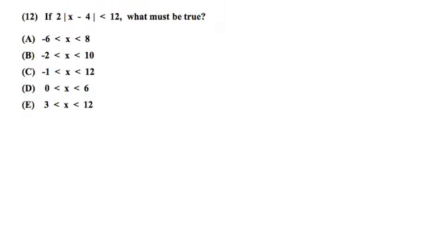This is an inequality with an absolute value. If you want to try this on your own, you can pause the screen now. The multiplication by 2 has nothing to do with the absolute value per se, so you could divide both sides by 2 and get x minus 4 is less than 6.